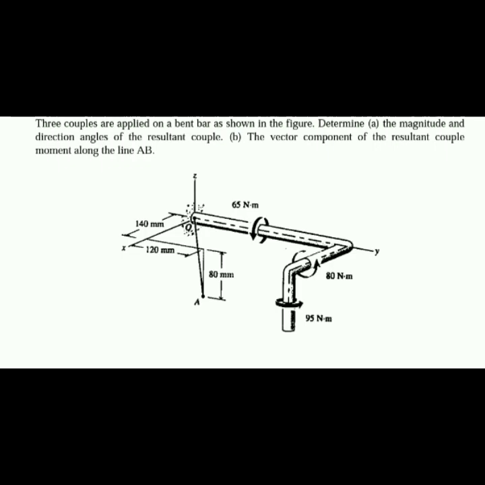I don't seem to see B here, so this should have been the line AB. Okay, let's just take it as OA.